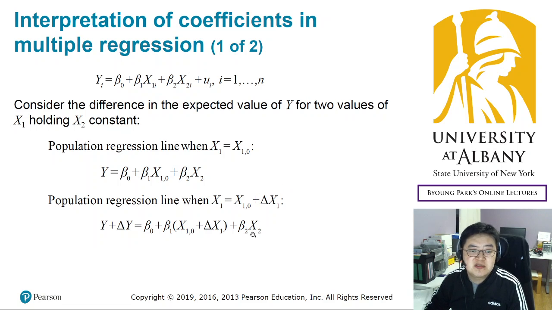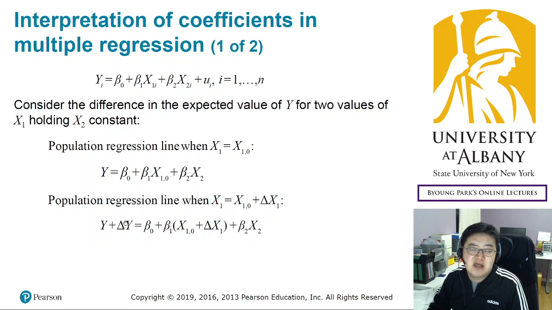But the percentage of English learners has not been changed because it is not affected by x1 in this situation. And then because of this, you have to adjust the expectation of the test score. So the test score expectation will be changed by delta y.